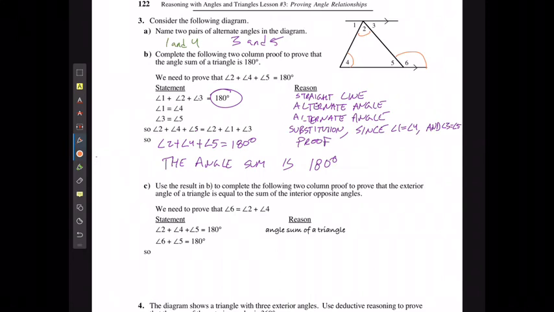Well, we start with the final statement we had, the last case. Angle 2, 4, and 5 will equal 180 because of the angle sum of a triangle. We know every triangle is going to add up to 180, so we can start with that. We know that angle 6 and angle 5 right here are going to add up to 180 because of the straight line rule.